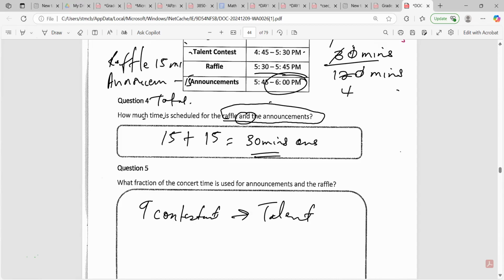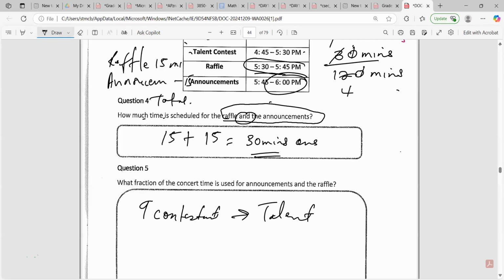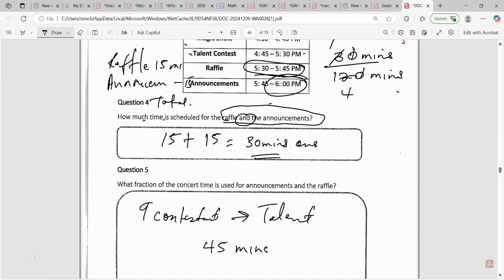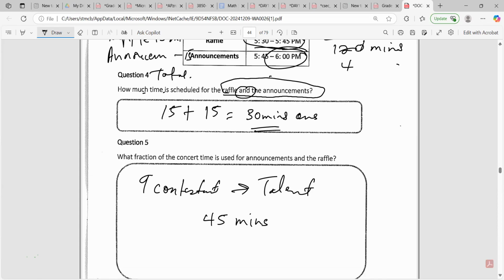If you multiply 5 times 9, I get 45. So the 45 minutes, you can only give 5 minutes out of that to each of the 9 contestants.